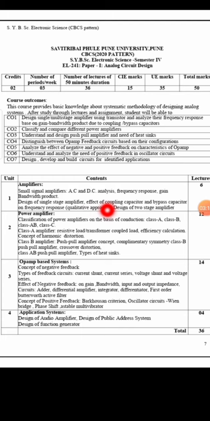There are different stages, multi stages of amplifier. So in chapter 1 you are able to do the designing of single stage amplifier. Next you have effect of coupling capacitor and bypass capacitor on frequency response. See here, coupling means connections.